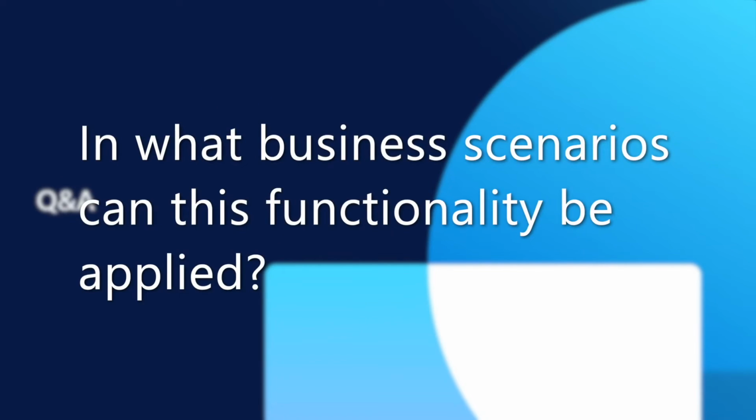The second question is, in what business scenario can this functionality be applied? Yufei, you want to take that? Yeah, I would assume the top use case might be customer support. If support representatives are always on the move and they need access to the inventory, then this mobile app is a handy way for them to get that information.